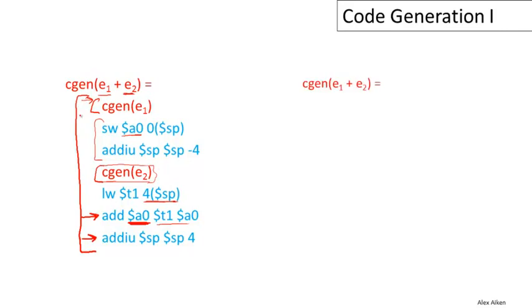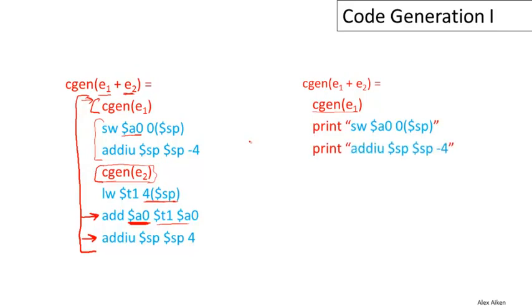Now, to be completely precise, I really should write this code generation function out a slightly different way, and that would be like this. So what we're really doing here is we're generating code for E1, and then we're printing out into a file or something like that the code to do the push.